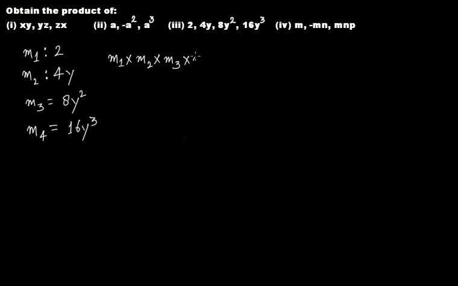In this case you have to find m1 multiplied by m2 multiplied by m3 and multiplied by m4. This is 2 multiplied by 4y multiplied by 8y squared multiplied by 16y cubed.